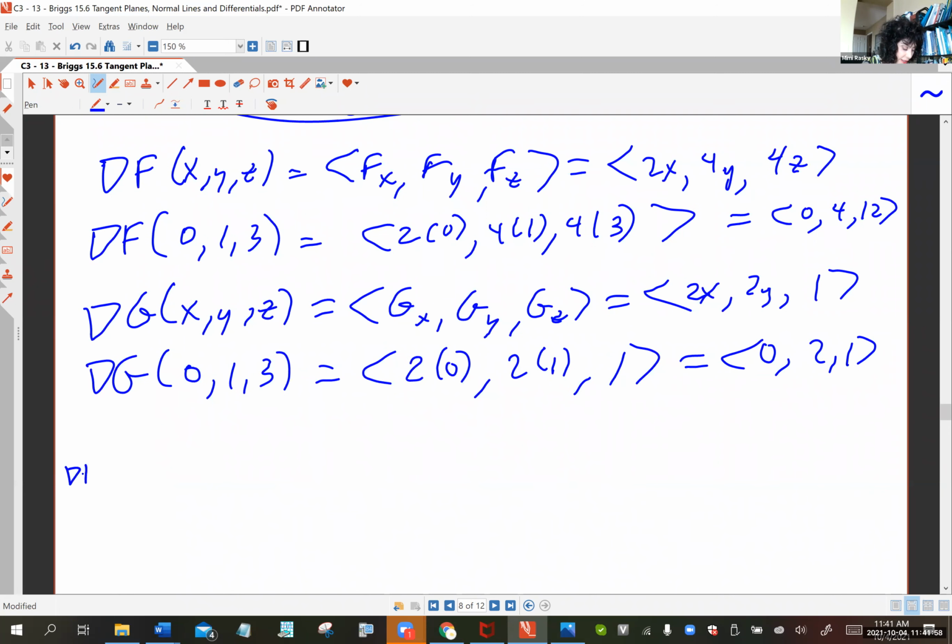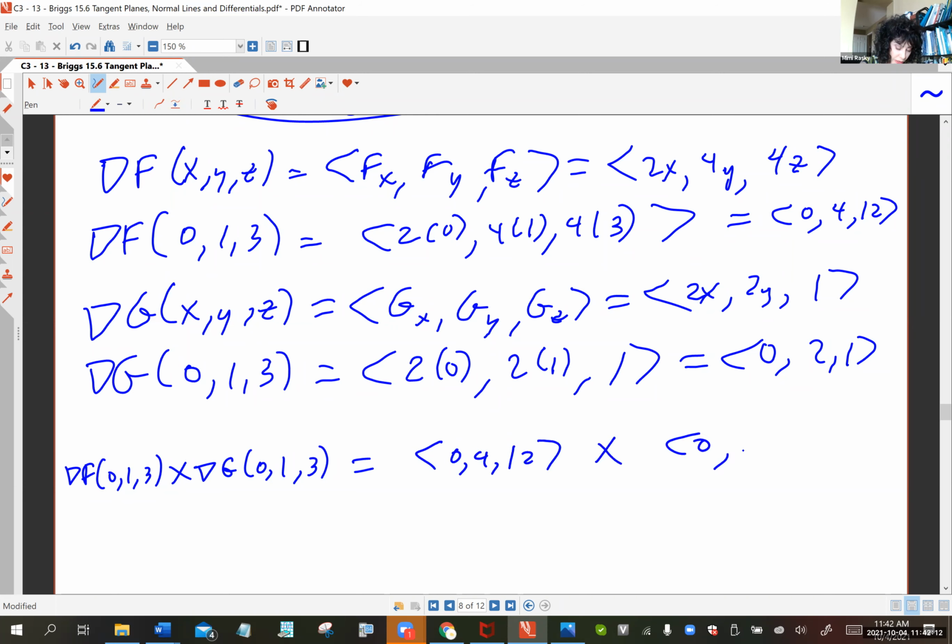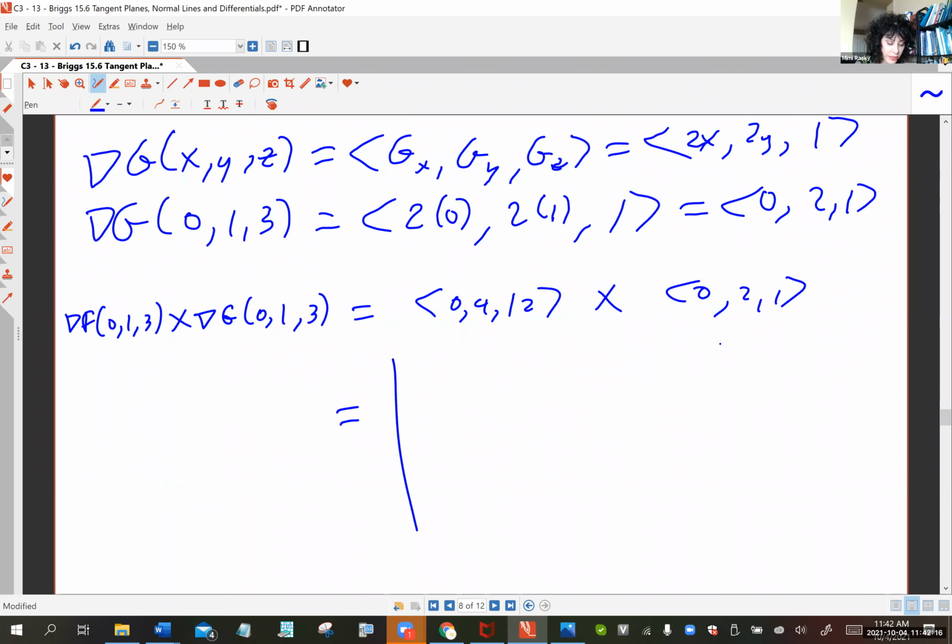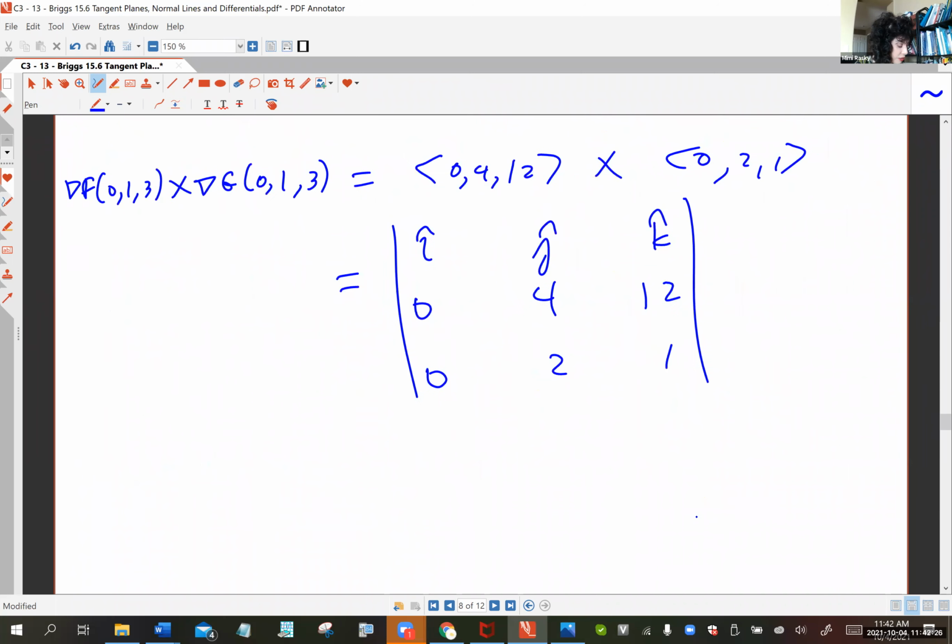I can take del F at (0, 1, 3) cross product del G at (0, 1, 3), which is equal to the cross product of (0, 4, 12) with (0, 2, 1). And to get full credit in my class, I want to see the determinant method. I want to see i hat, j hat, k hat in the first row, 0, 4, 12 in the second row, and 0, 2, 1 in the last row.